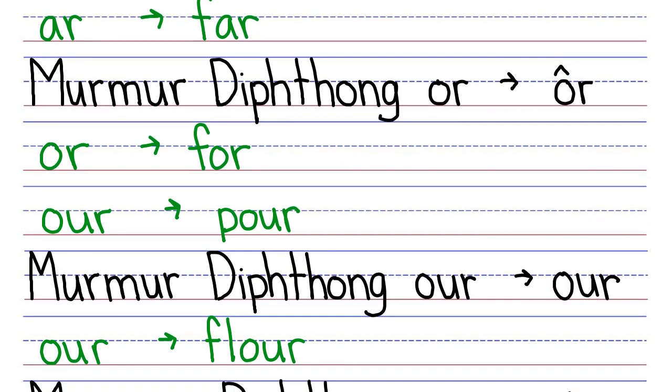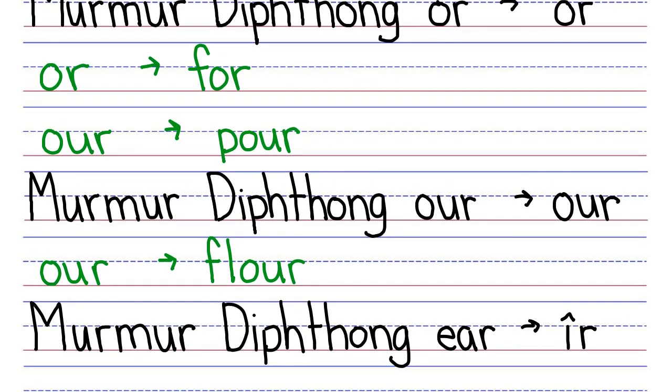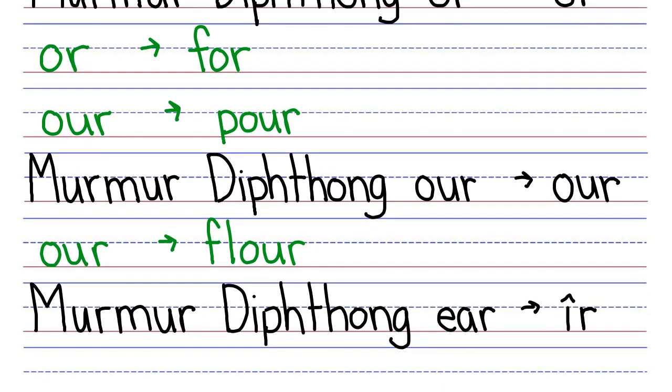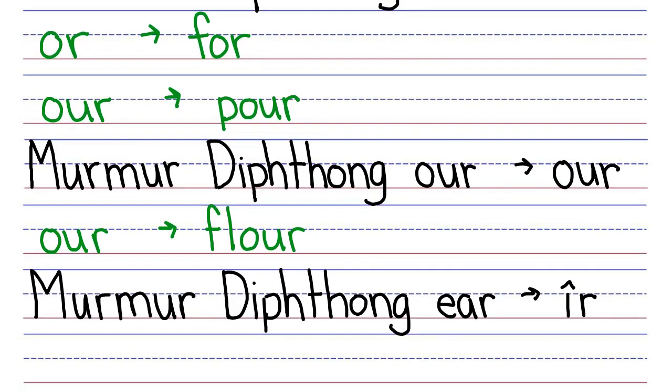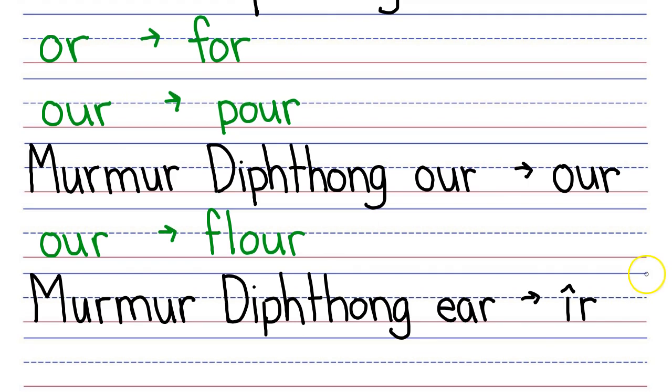As in the flour you bake with. And then we have the murmur diphthong ear, spelled EAR, as in deer. With a D that says D, EAR that says ear. Deer.